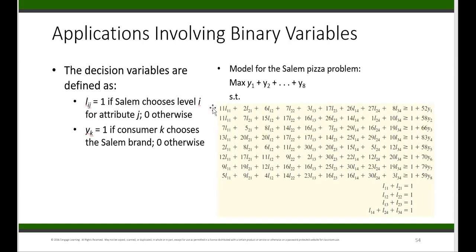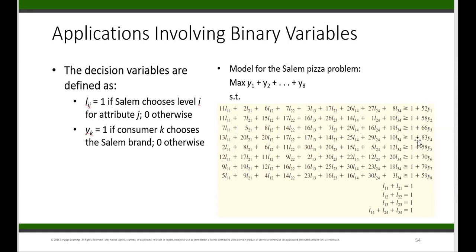If the left-hand side happens to be strictly greater than 52, then the person is going to be interested in our product, and he or she is going to choose to buy our product rather than buying from our competitors.